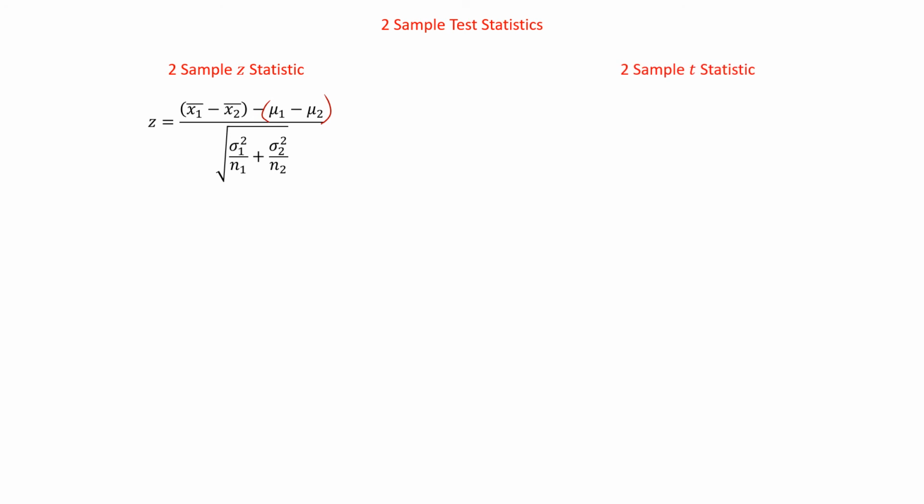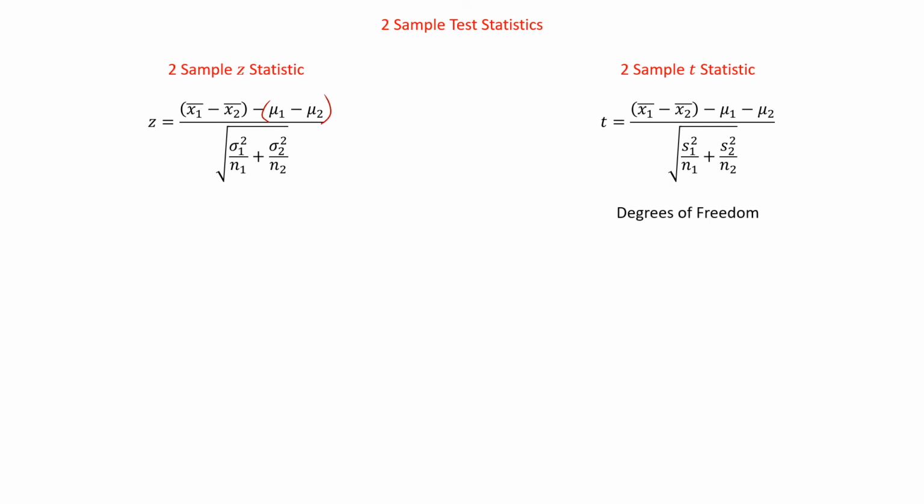The z statistic is (x bar 1 minus x bar 2) minus (mu 1 minus mu 2), then over our standard deviation. The t statistic is the same thing.